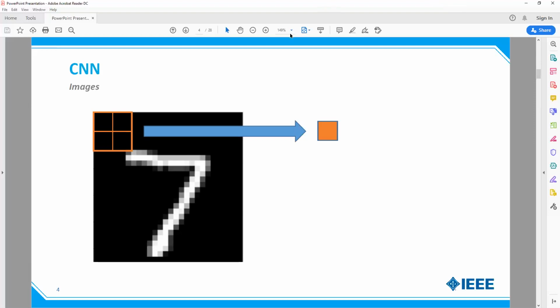In this example, the input image is the MNIST dataset. It's a very popular dataset to begin with when working with CNN. It's just handwritten digits from 0 to 9, and the objective is to classify the handwritten digit as the actual numerical value from 0 to 9.